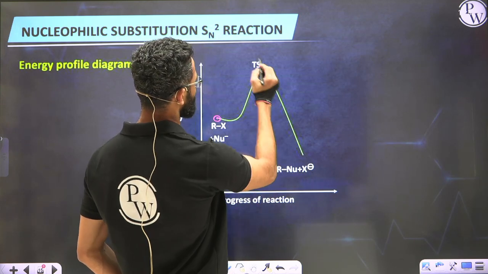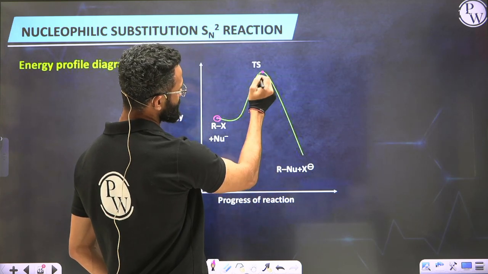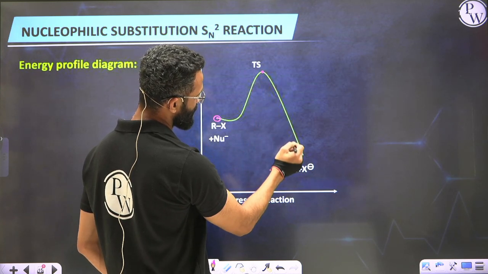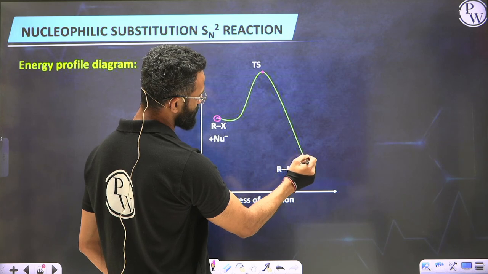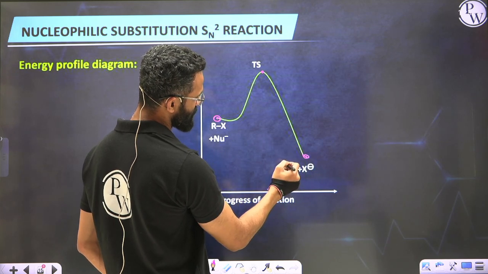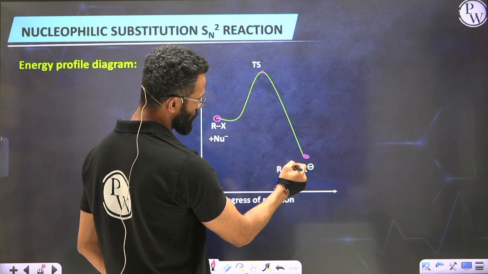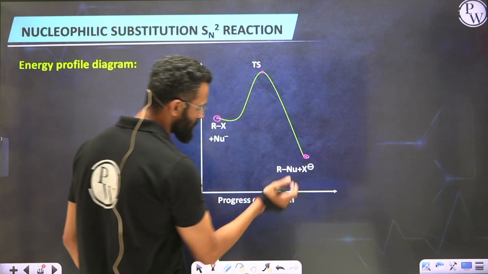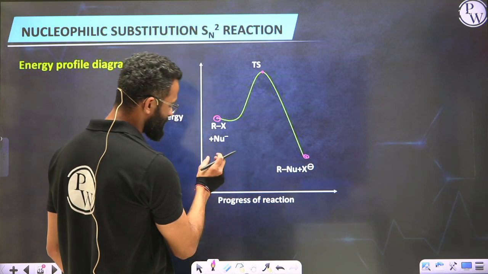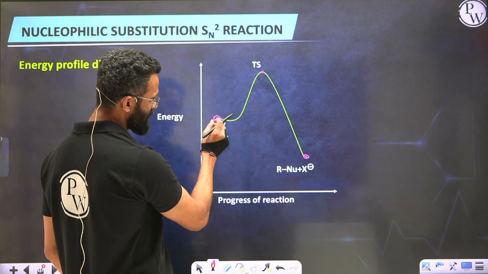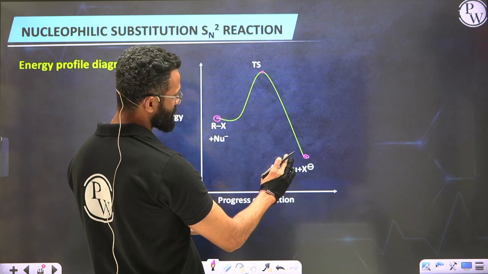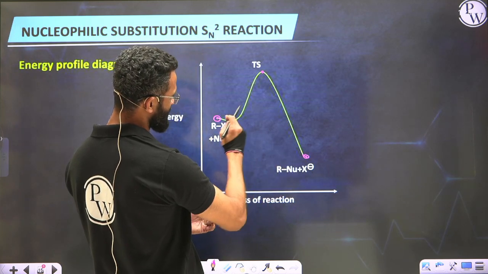The transition state, being a state of highest energy content, immediately loses the leaving group and eventually gives you the product, which is your R connected to the nucleophile. And because in a nucleophilic substitution reaction the energy of the product is lesser than that of the reactant, you will always find that the product, being more stable, has lower energy than the reactant.